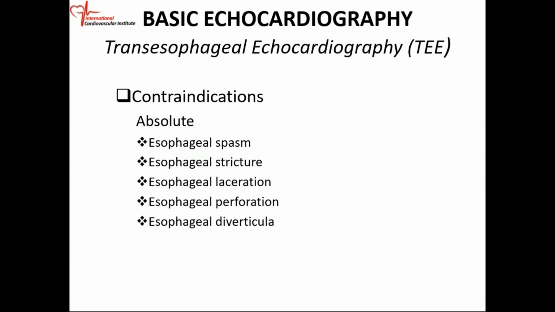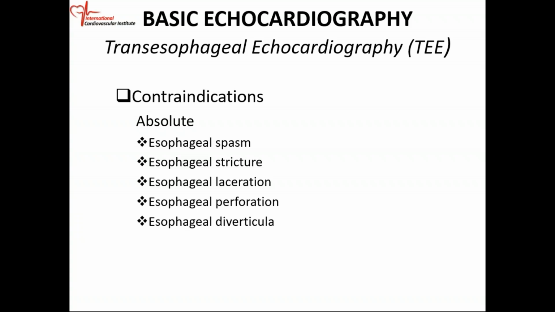But the old classification of the absolute contraindication, that is, under no circumstances should you be doing transesophageal echo, is if the patient is known to have esophageal spasm or esophageal stricture, where the esophagus, usually from scarring or whatever means, is very narrowed. And those patients will have dysphagia, difficulty in swallowing, and they'll tell you that.